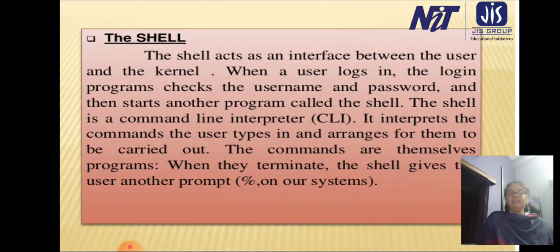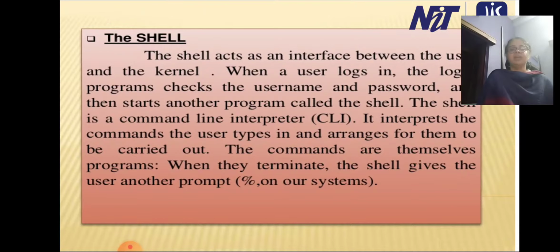It interprets the commands the user types in and arranges for them to be carried out. The commands are themselves programs. When they terminate, the shell gives the user another prompt.